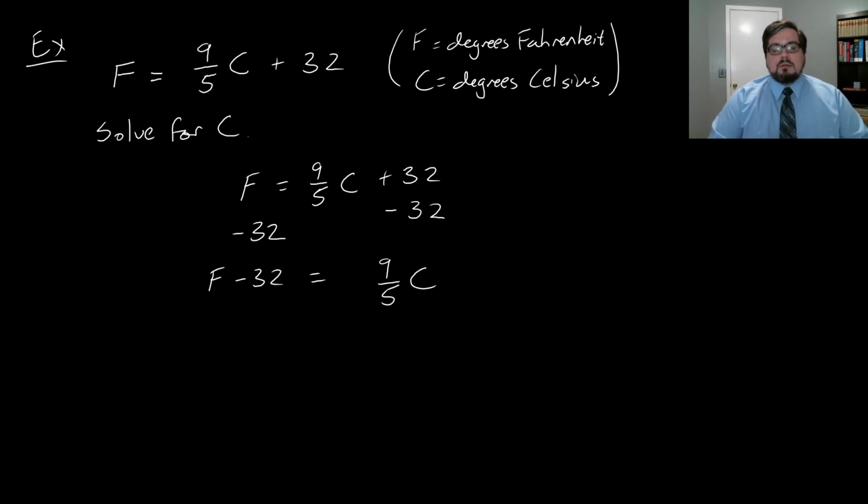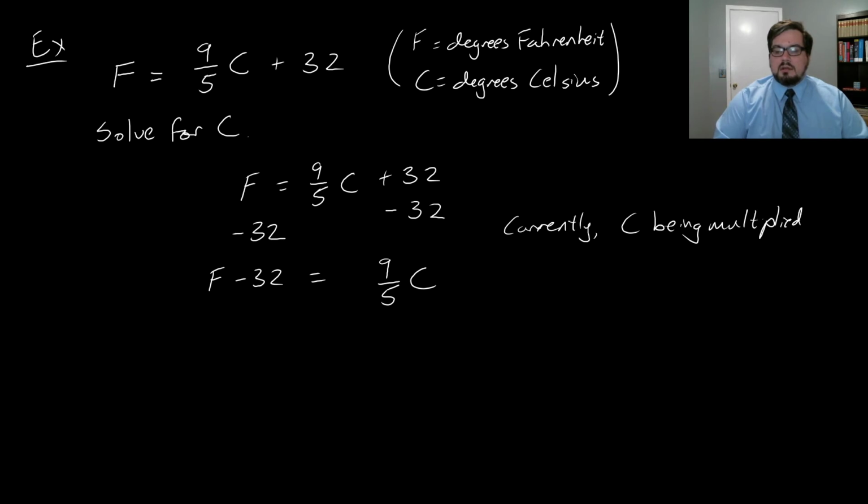Now, we ask, what is C currently doing? What's currently happening to the C? And we see currently C is being multiplied by 9/5. So what's the opposite of multiplying by 9/5? Well, dividing by 9/5, of course.